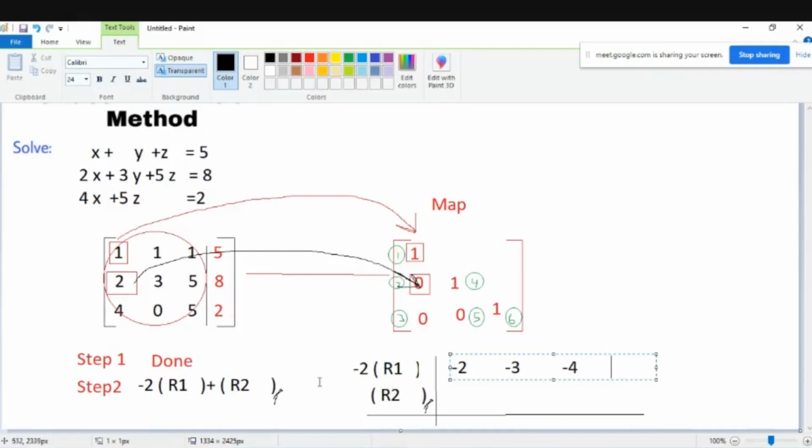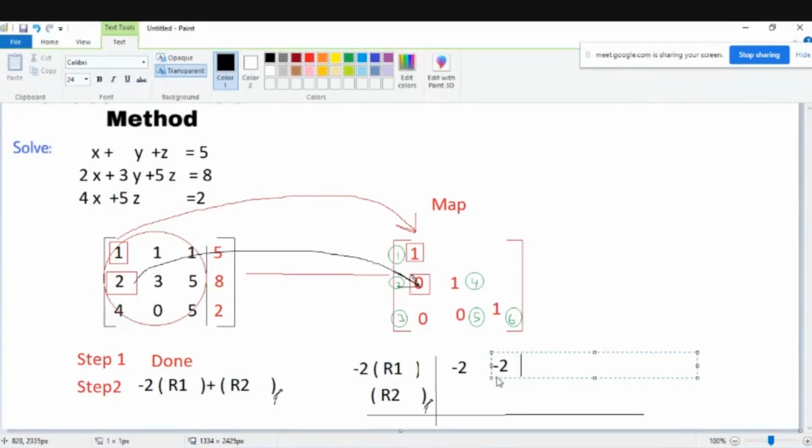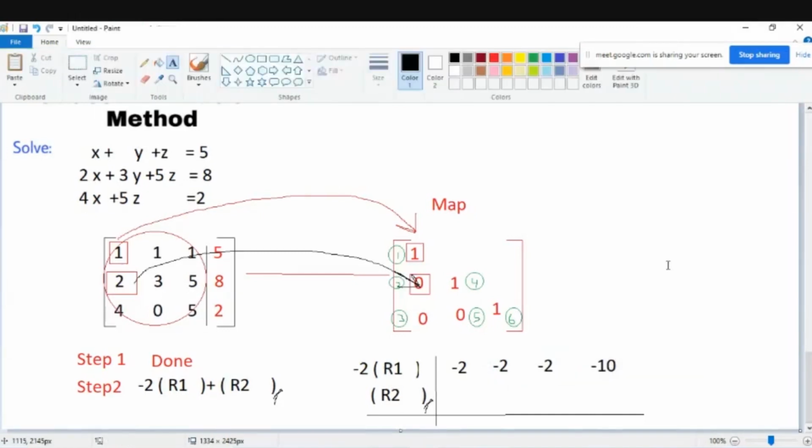Multiply -2 with 5, it will give me -10. Am I correct or wrong? We are multiplying R1. Please give me the right one. Yes, the right one will become -2, then -6, then -2, then -10, correct?